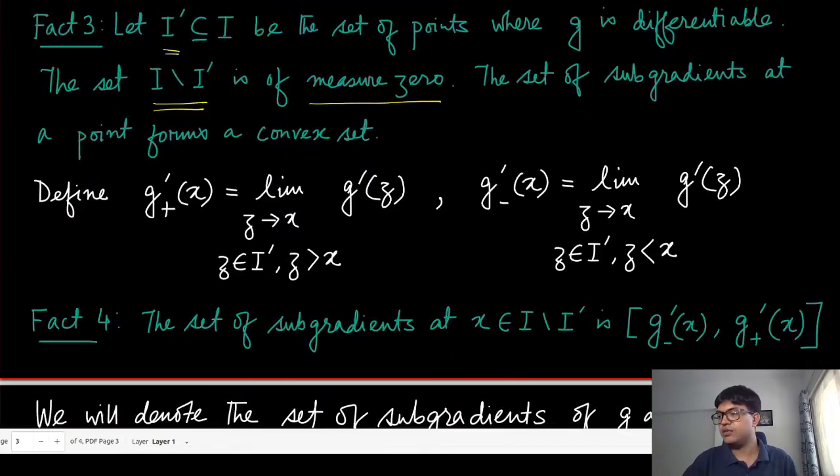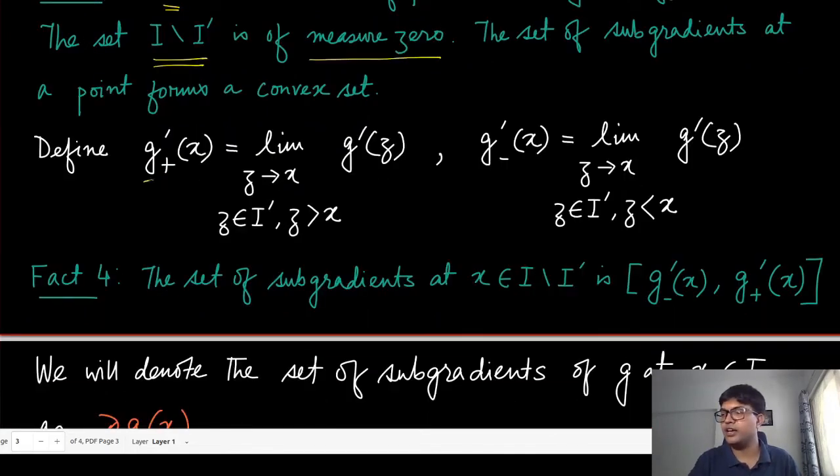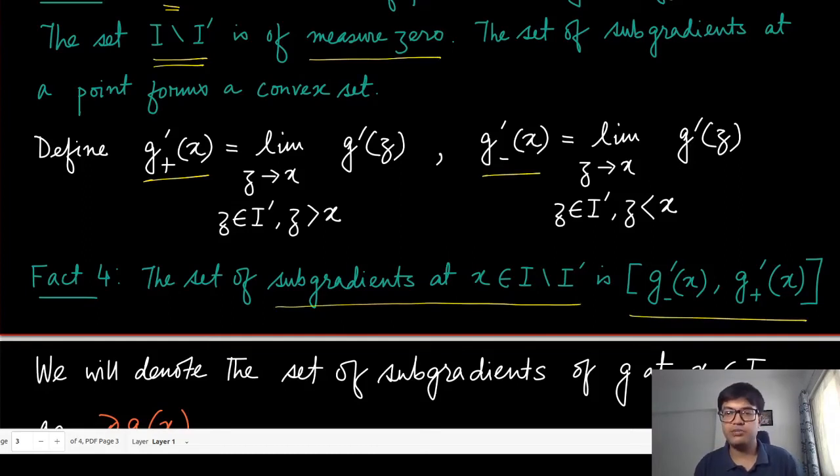That is exactly what we are going to state as fact 4. If you look at the right gradient and the left gradient of this function g at that point, then the set of subgradients at x which are non-differentiable lives within this interval from g minus prime x to g plus prime x.